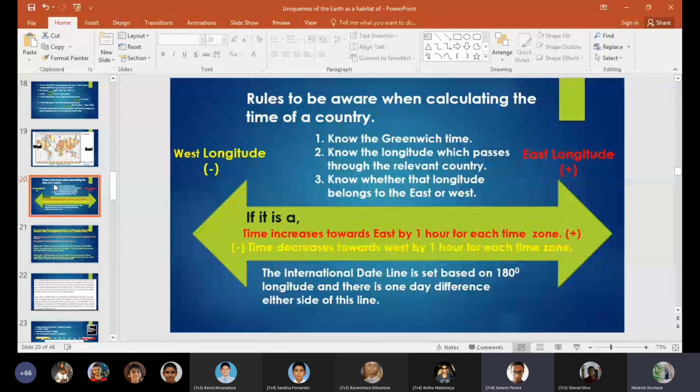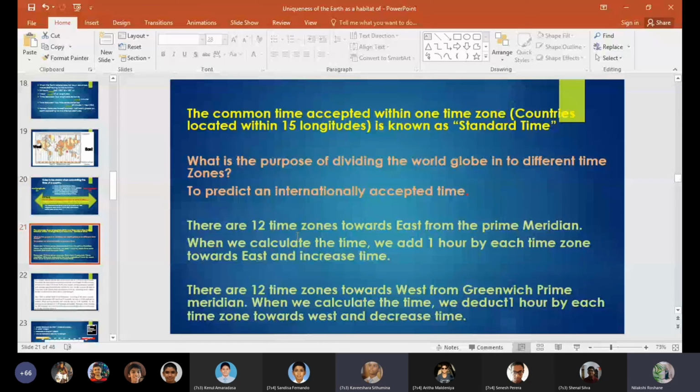That's what we are going to discuss in the lesson. Good, you know these things. The common time accepted within one time zone, for countries located within 15 longitudes, is known as standard time.